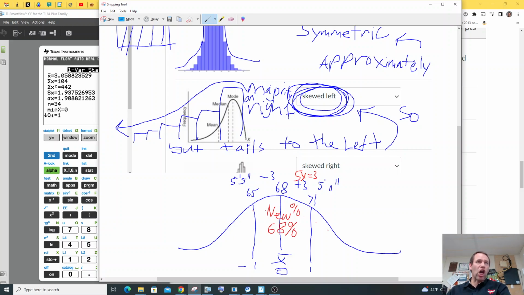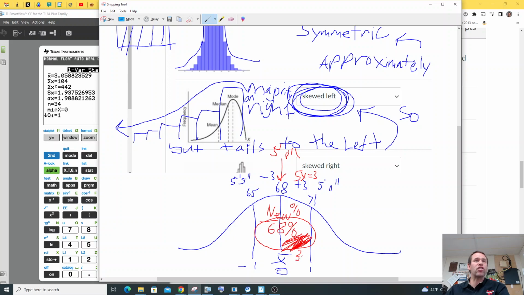Okay, so we have a calculator to calculate this percentage for us. And maybe you don't want the percentage from 5'5" to 5'11". Maybe you want just this percentage, 5'8", which is the average, to 5'11". Well, that's easy. We could just cut 68% in half, and that would be like 34%.